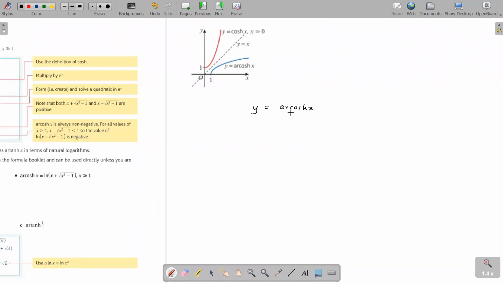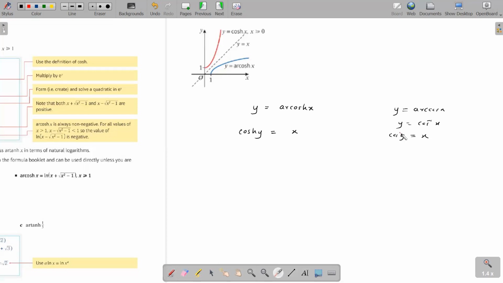Okay. So r cos x is, in other words, cos inverse x. So cos inverse x means cos y is equal to x, right? The method is the same as trigonometric. If you have y equals r cos x, that's cos inverse x, so that is cos y equals x.